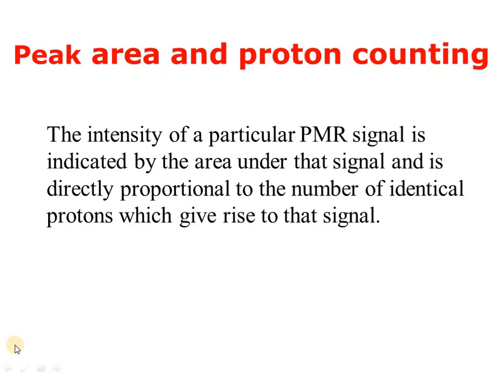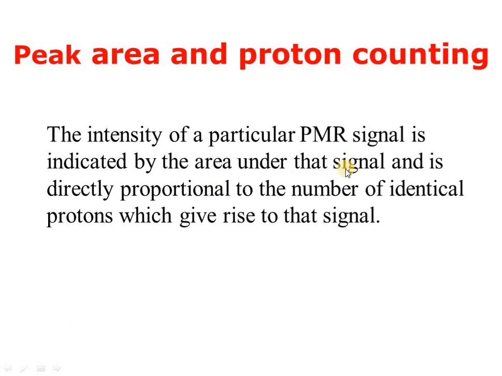Today we will continue with NMR spectroscopy. What is peak area? Peak area, as the name indicates, is the area under the peak. We say the intensity of a particular PMR signal is indicated by the area under that signal.